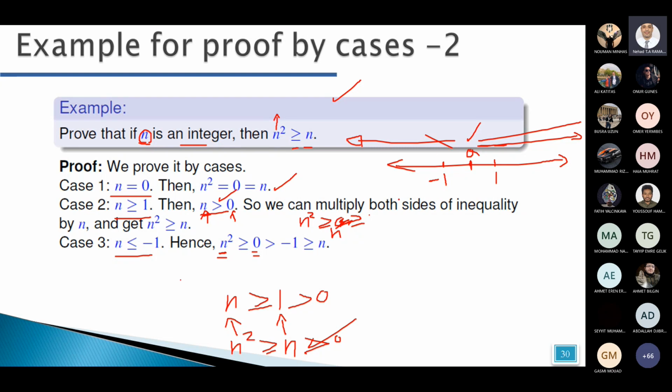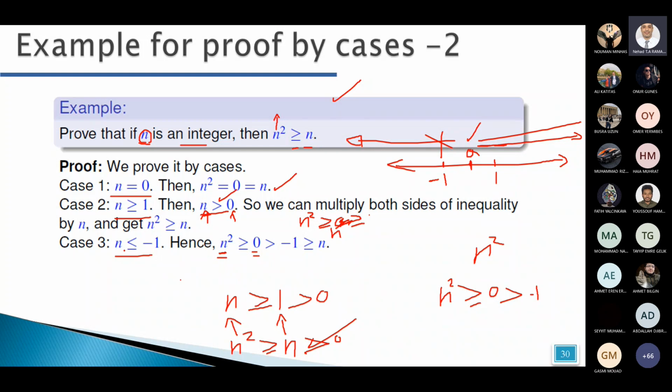Because any number to power 2, if it's not 0, it's more than or equal 0, even if it's equal 0. Power 2 of any number is more than or equal 0. So, n to power 2 is more than or equal 0, and this is more than minus 1.